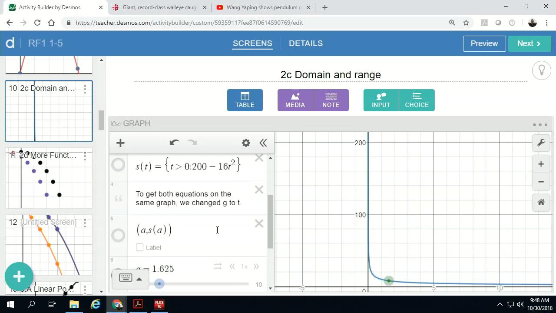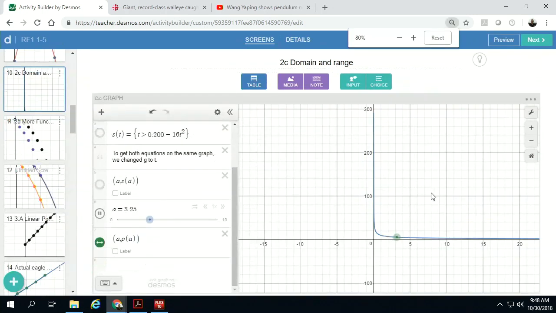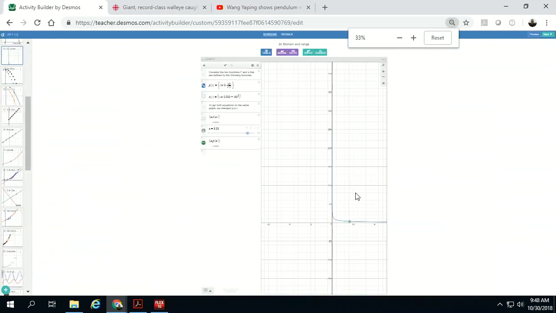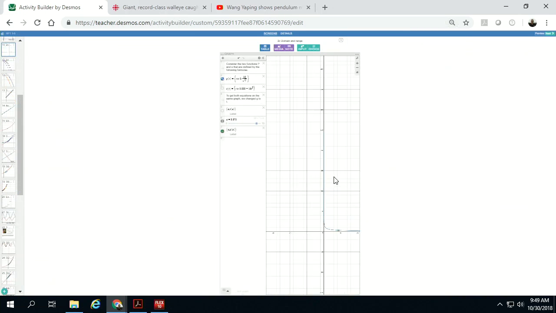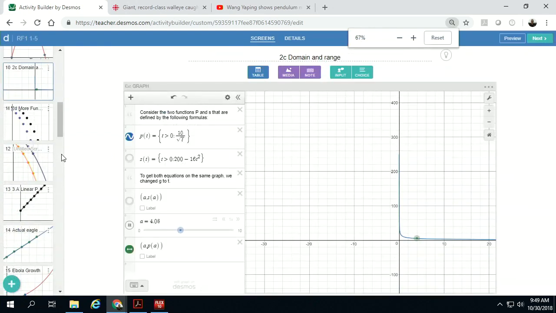We do have a problem, because no matter how hard we try, this graph is not going to go into the negative category. We can't get a negative value on that graph. If I zoom out, no matter how far out I zoom, it doesn't go into the negative category.